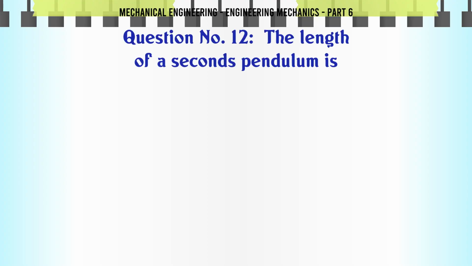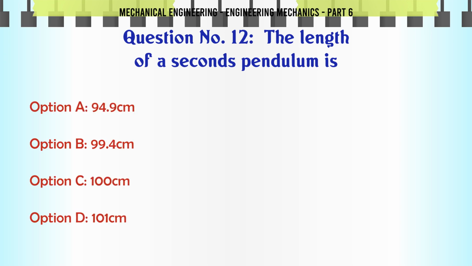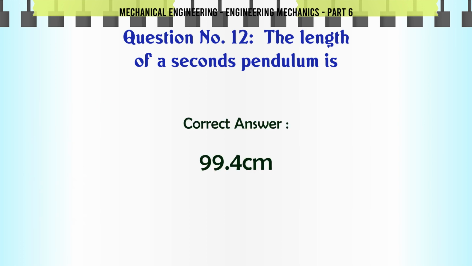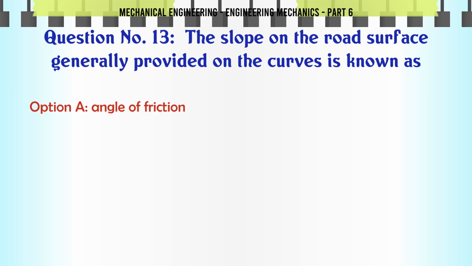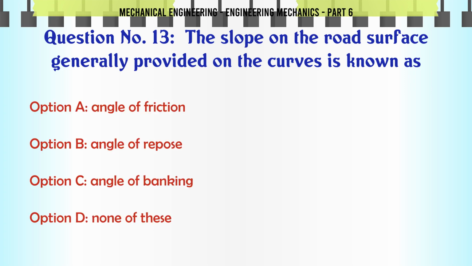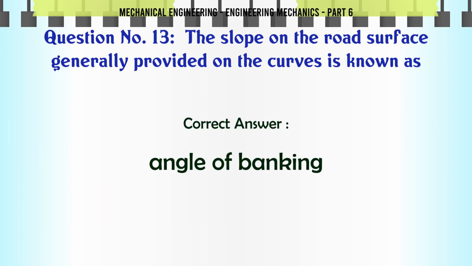The length of a seconds pendulum is: A) 94.9 centimeters, B) 99.4 centimeters, C) 100 centimeters, D) 101 centimeters. The correct answer is 99.4 centimeters. The slope on the road surface generally provided on the curves is known as: A) angle of friction, B) angle of repose, C) angle of banking, D) none of these. The correct answer is angle of banking.